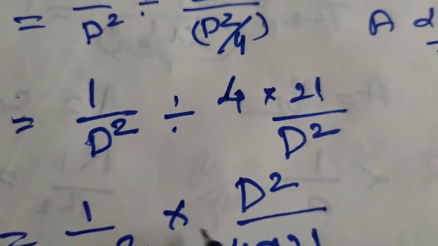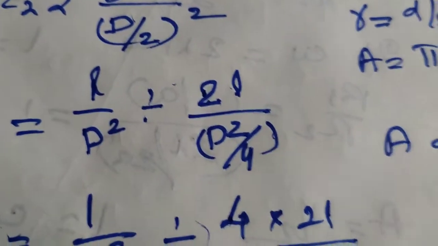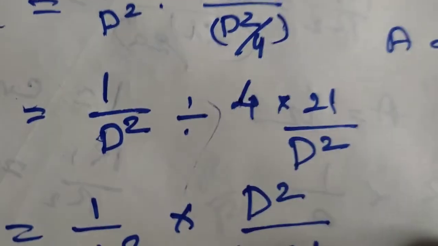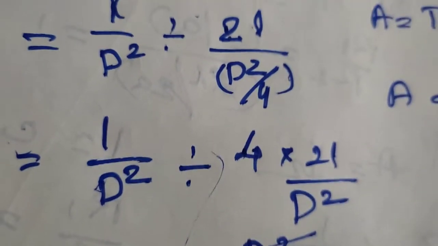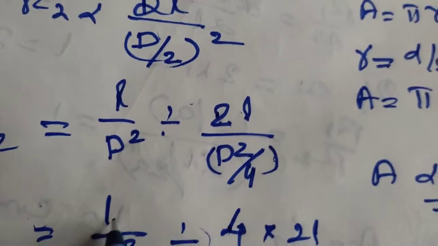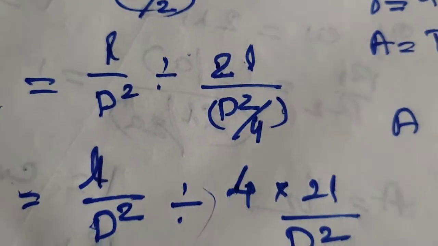Now you can see, if you write like this, it is easier to understand, and chances of error are also less. D squared, D squared cancel. What are we getting? L by D squared, now L is cancelled out.